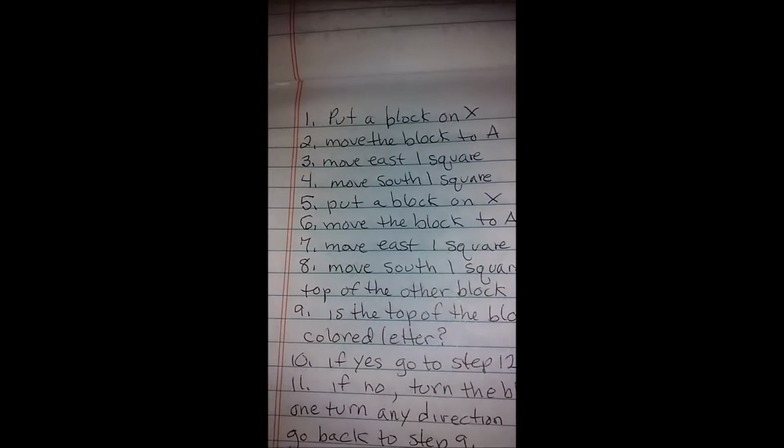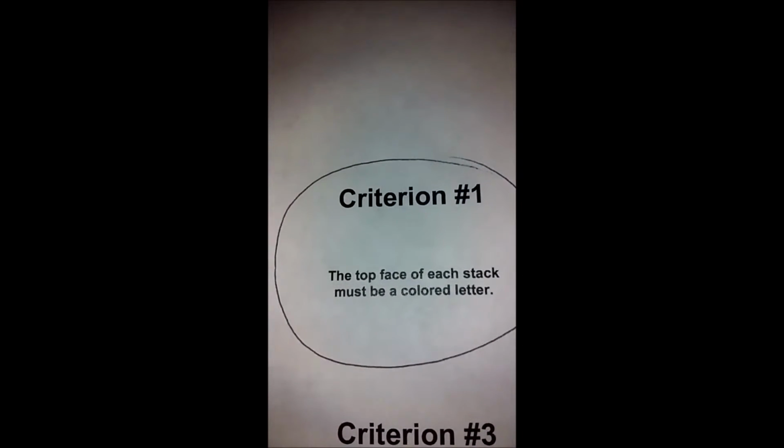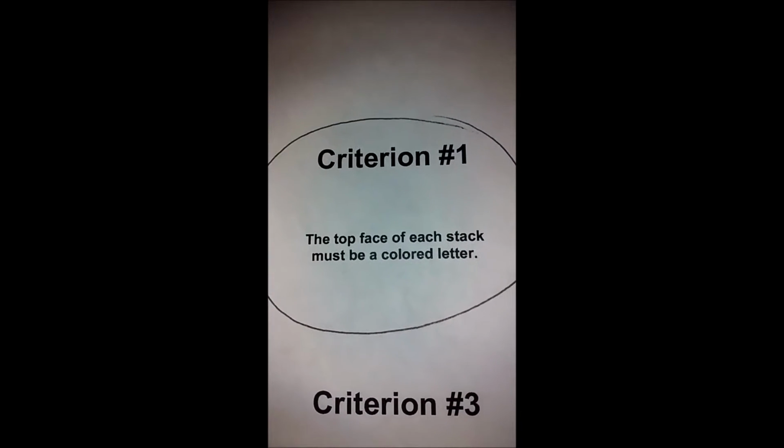Okay. I selected blueprint A right here, and I wrote in where the X is and where the A and the B is, so it helped me out in writing out my directions. So I chose criteria 1. The top face of each stack must be a colored letter.